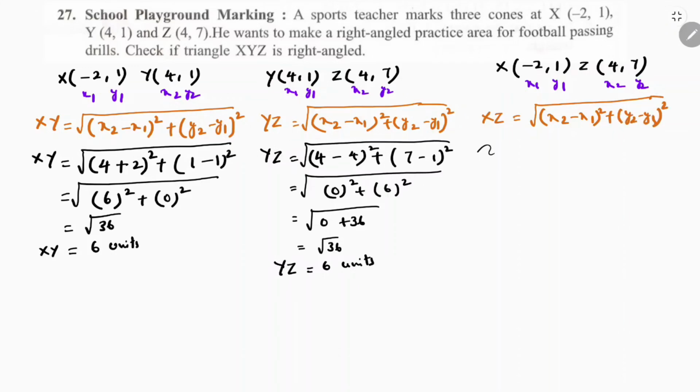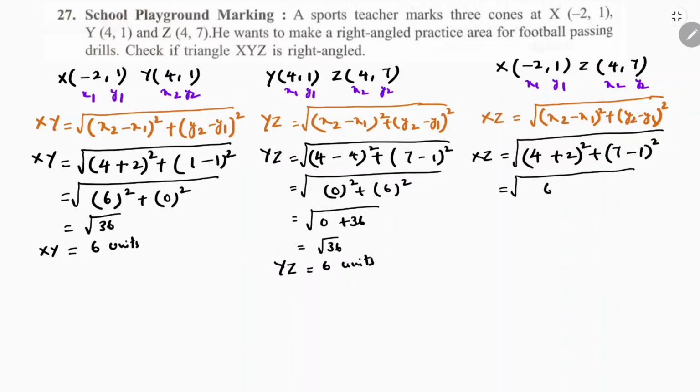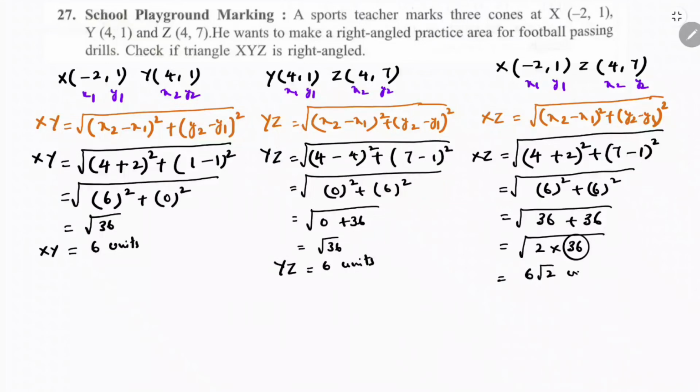Substituting, x2 is 4 minus x1, minus of minus plus 2, so 4 plus 2 is 6 square. y2 is 7 minus 1, which is 6 square. So it is 36 plus 36, that is 2 times 36, and 36 is a perfect square. So 6 root 2 units.